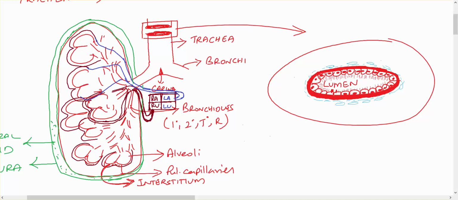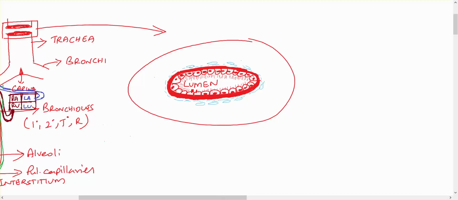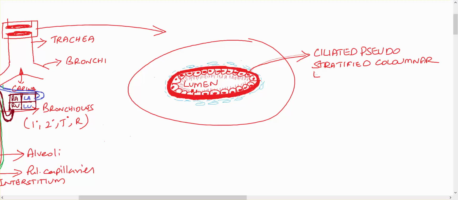Now let's mark the areas. This is the ciliated pseudostratified columnar epithelium. Then this is the basement membrane.